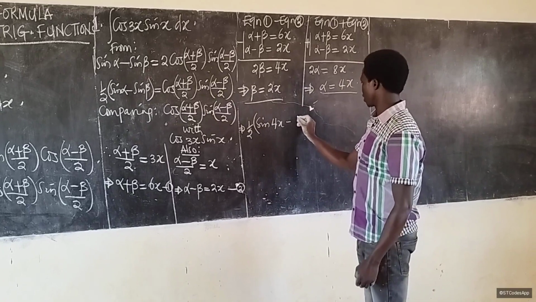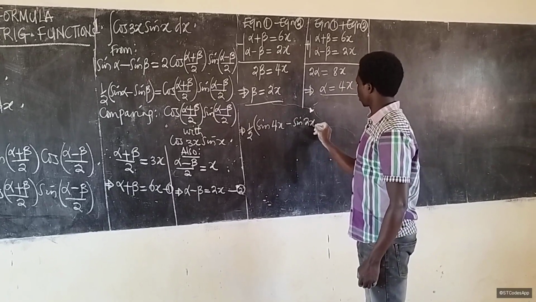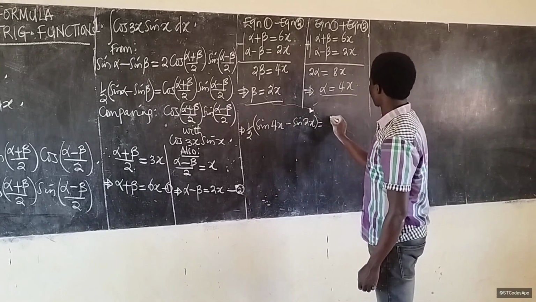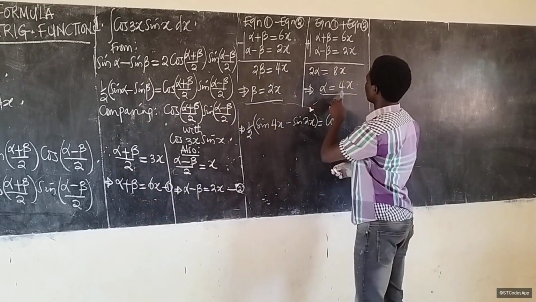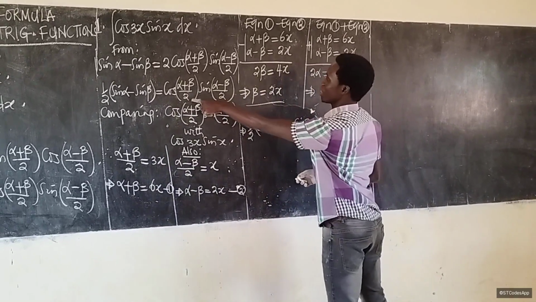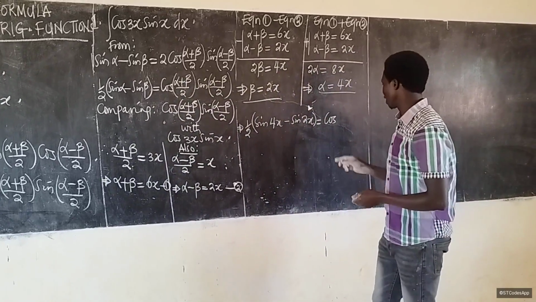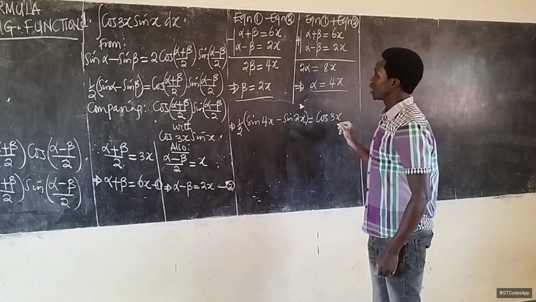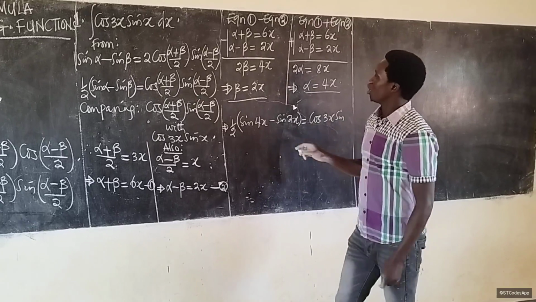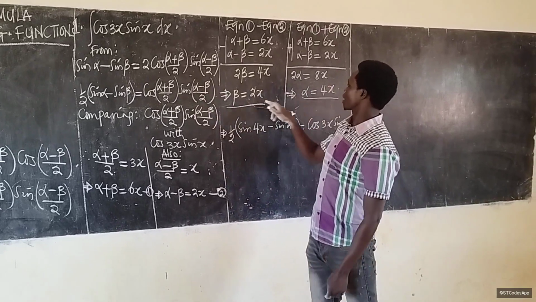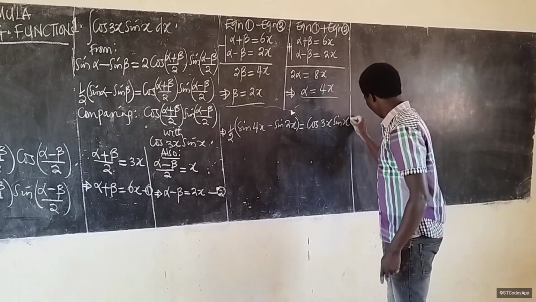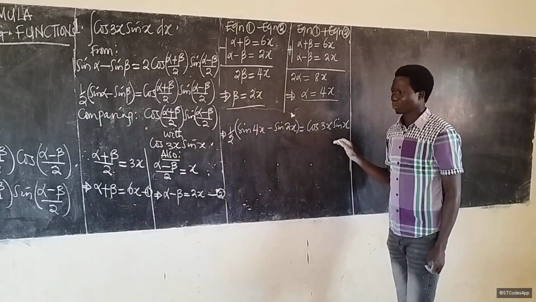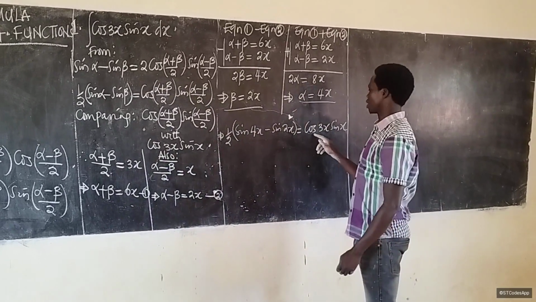My beta is 2x, sine of 2x, is actually equal to cosine of (alpha plus beta) divided by 2: 4x plus 2x divided by 2, that is 6x divided by 2, you get 3x. Then sine of (alpha minus beta) divided by 2: alpha is 4x minus 2x, you get 2x, divided by 2, you get x. So that is what we have. You see that the whole of this is just equal to this.